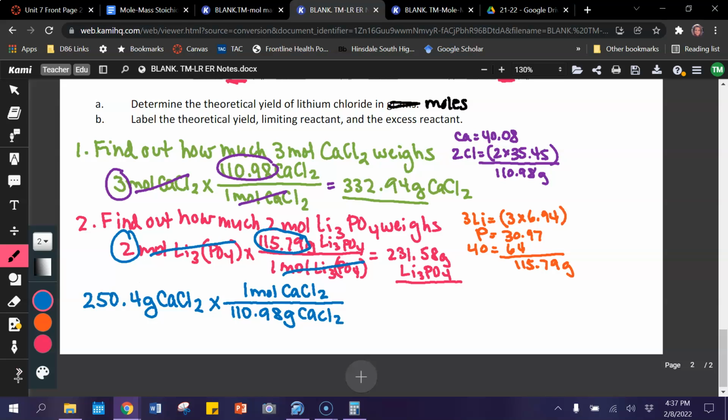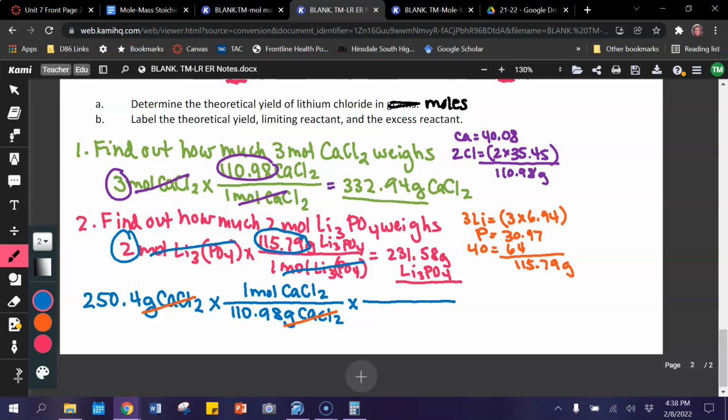Now, how did I know to put grams on the bottom? Because that's what I'm given. And by putting it on the bottom, as I roll through this calculation, I'm able to cancel out my units that I don't want. Okay, great. So now what I'm going to do is multiply by my mole ratio. Remember that when you start with grams, the mole ratio is the last proportion that you make.